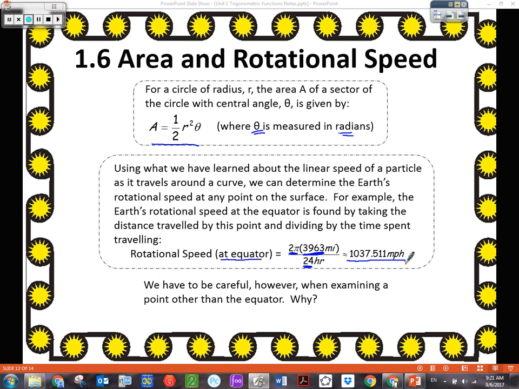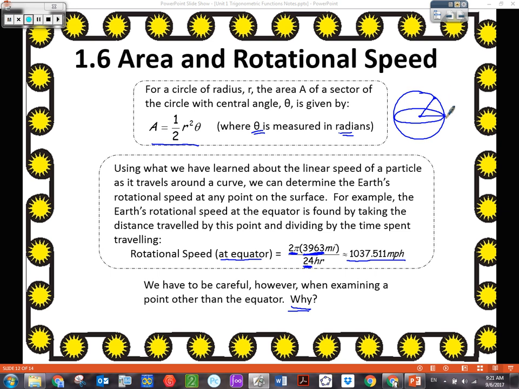What we're going to do is find the rotational speed at other places besides the equator. Let's think about this for a second. So, we know what the speed is here at the equator. What if we went up here? Is this location on the Earth going to have the same rotational speed as the equator?